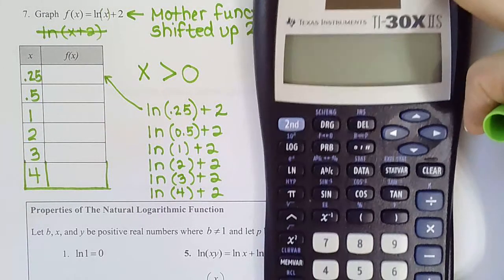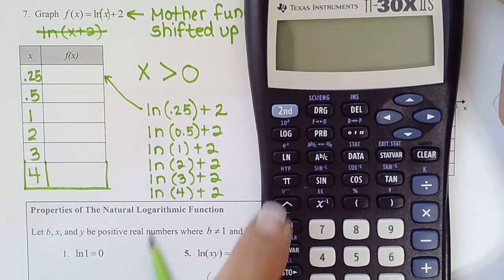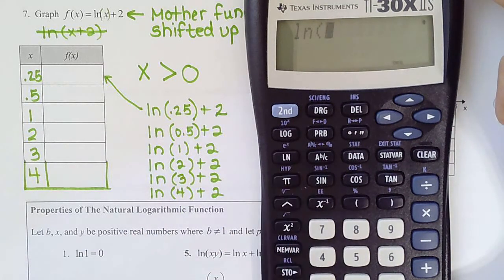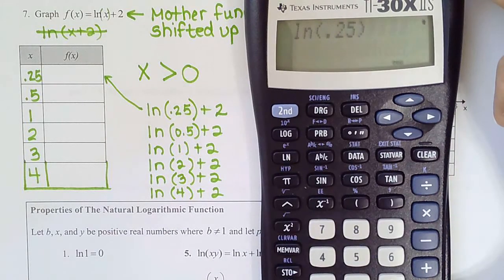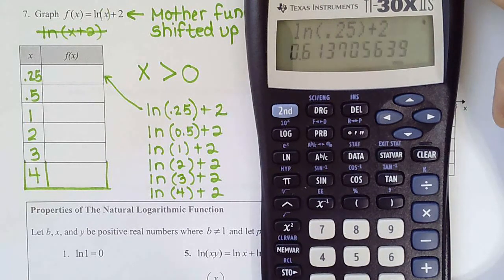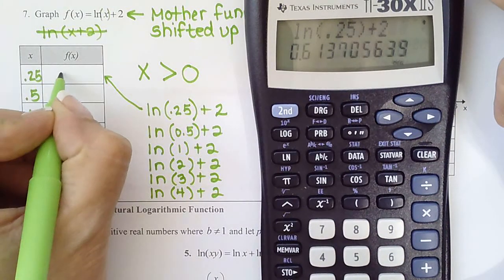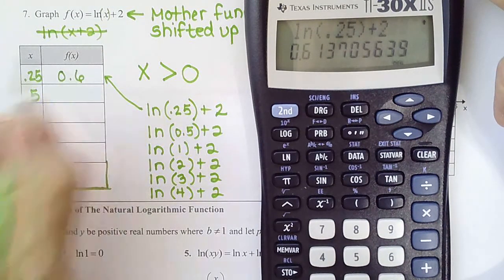So first we're going to have ln 0.25. Close your argument to let the calculator know you're done, and then the plus 2 means shift it up 2. So that's going to be 0.6.